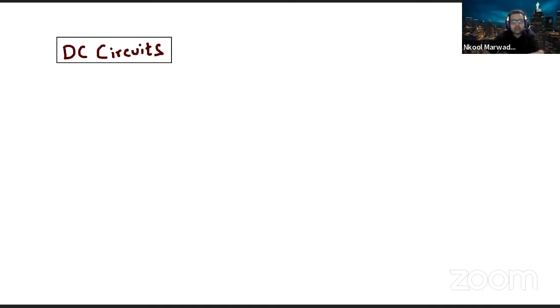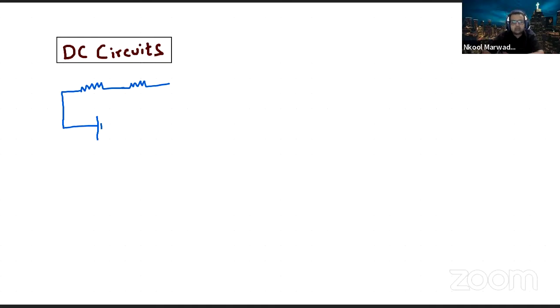For example, I have a very basic DC circuit which I am drawing. This DC circuit has two resistances and a battery. Battery has two terminals, positive and negative. The terminal with the larger length is always positive.